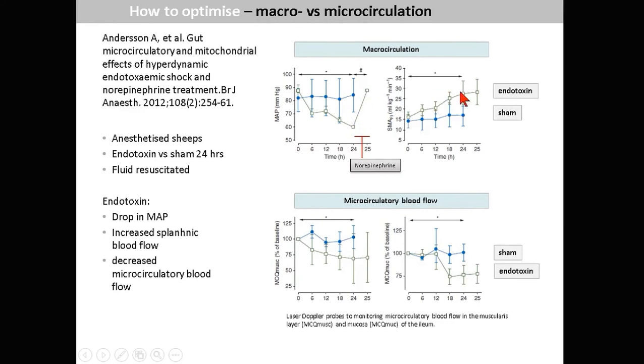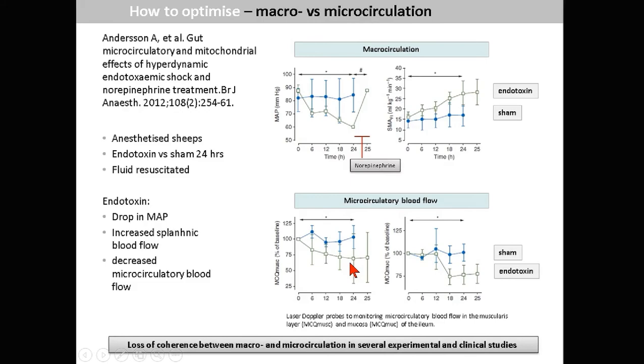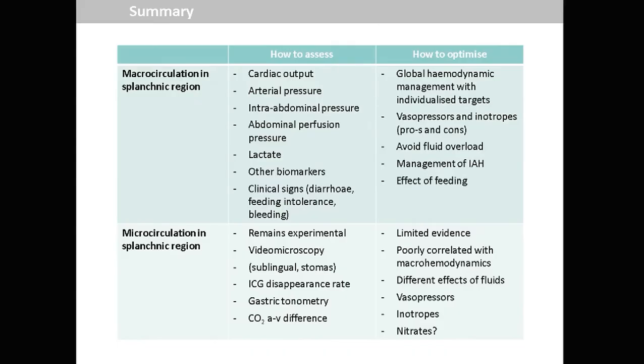This didn't change the superior mesenteric artery flow, and surprisingly, although the splenic blood flow was increased, the microcirculation in the mucosa or muscular layer of the bowel was decreased and was not changed with the application of noradrenaline. So there is clear loss of coherence between macro and microcirculation.